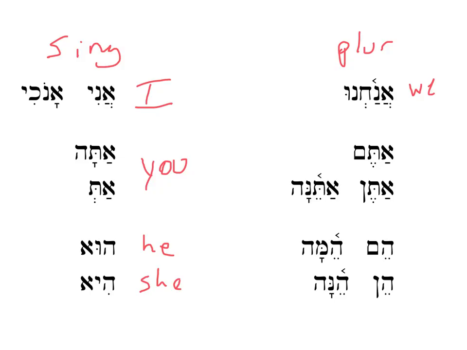Then again, we have atem, masculine plural, for you, and aten, which is feminine plural for you. And there's two forms of the third person plural, they. In masculine, you have hem or hema, and hen or hena. And so this is just they.